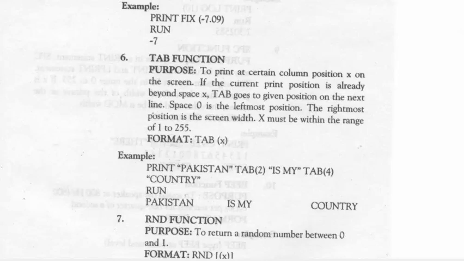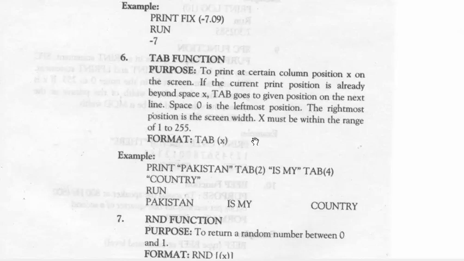If the current print position is already beyond space X, tab goes to the given position on the next line. Space 0 is the leftmost position. The rightmost position is the screen width. X must be within the range of 1 to 255.